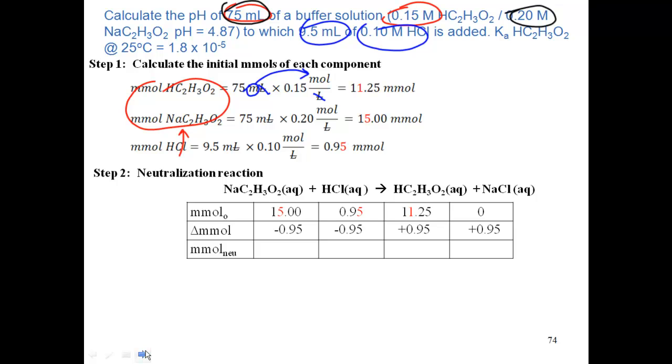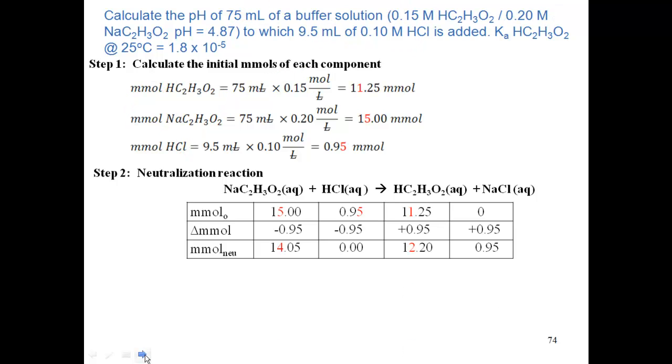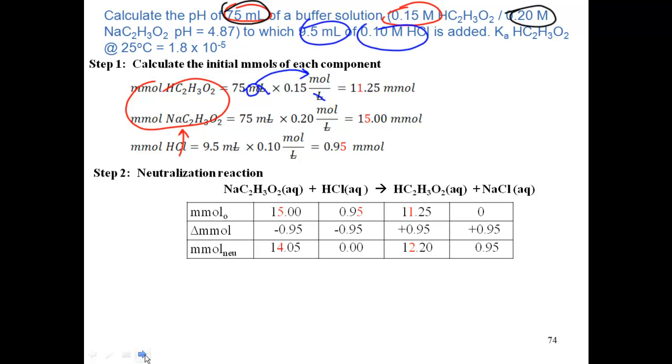Add those numbers up, and what I find is I have 14.05 millimoles of sodium acetate, 0 HCl, 12.12 acetic acid, and 0.95 for sodium chloride. These are the numbers that I have to look at now to see pH. I've already done the neutralization.